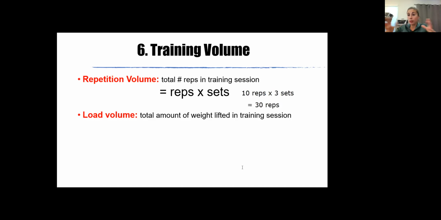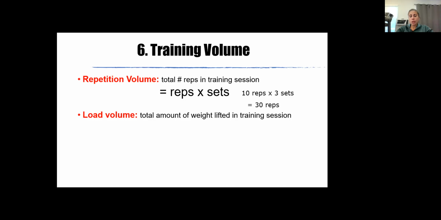Okay, so I did a total of 30 reps through my whole workout of that exercise, right? So we can look at it as a specific exercise, how much repetition volume for a specific exercise, or you might look at repetition volume over a whole workout. So if you had 10 exercises, 10 times 30, you do 300 reps in the whole workout, right? So we can look at that if we want, or we can just look at per exercise if that's something I'm looking at.